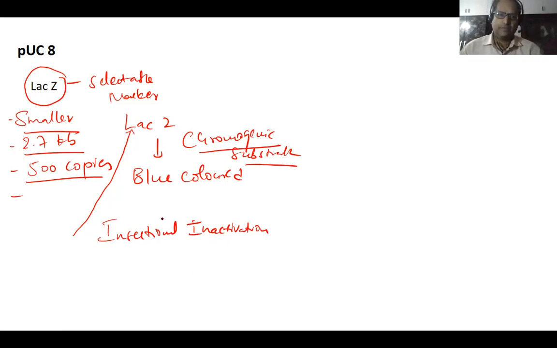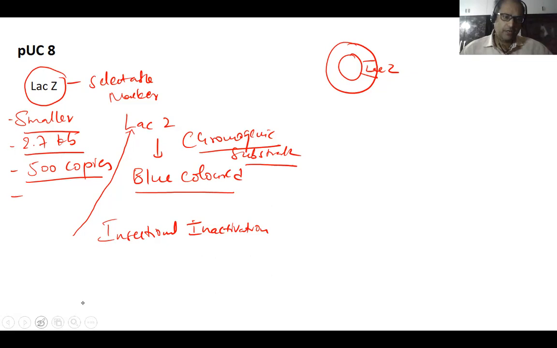Now what color is it giving? Blue color. Now, for example, the lacZ gene is there. Look at that, this is the plasmid, and here there is lacZ. What is the function of the lacZ gene? It is going to produce an enzyme, beta galactosidase. What is the function of this enzyme?